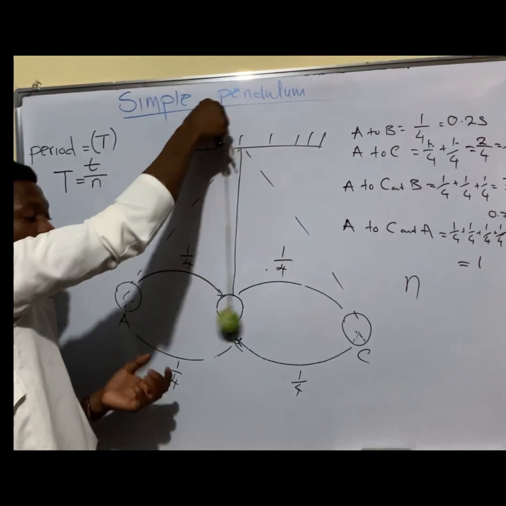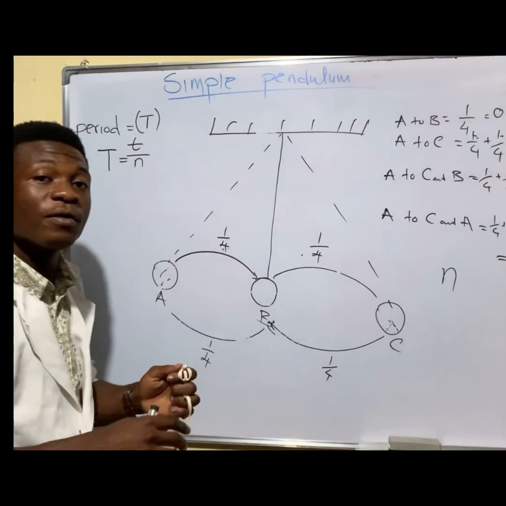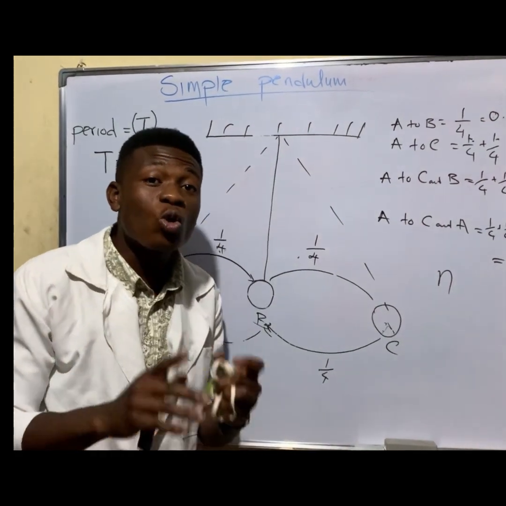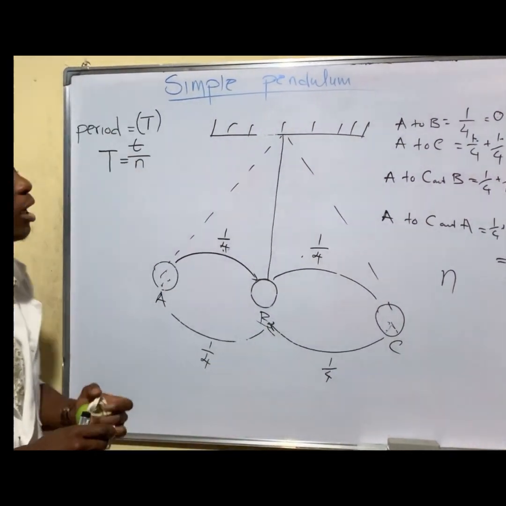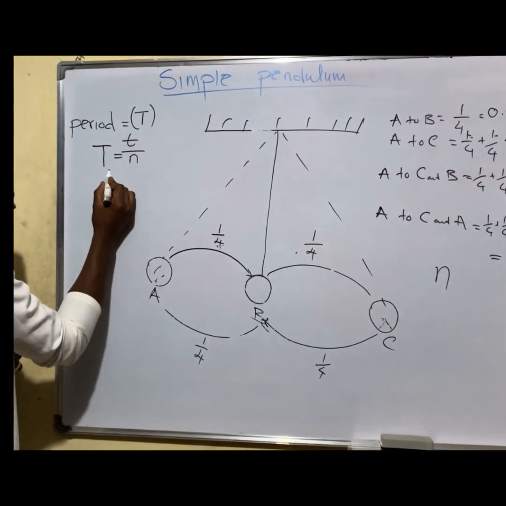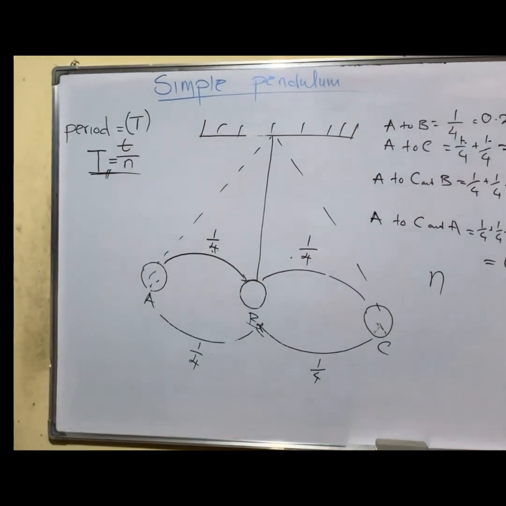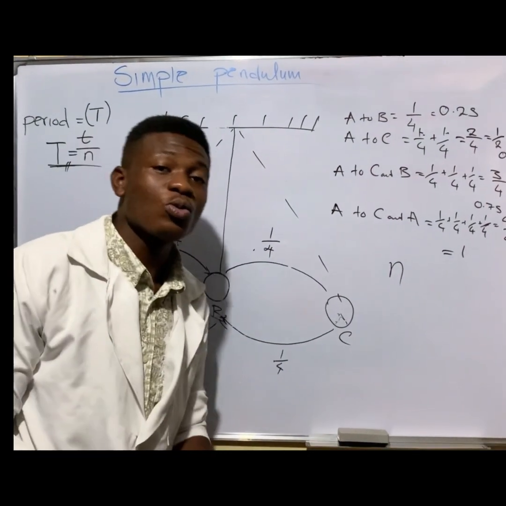The period is the time taken to complete one oscillation. The formula: period is equal to time over number of oscillations. This is what you need to understand.